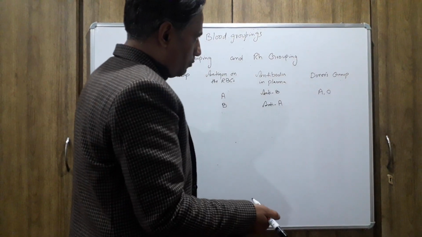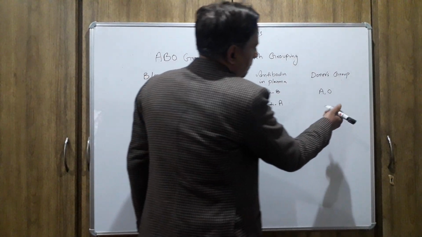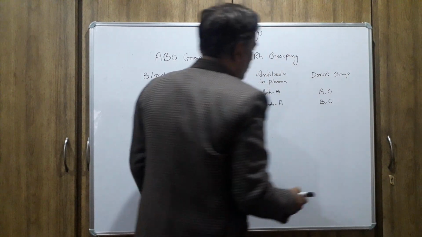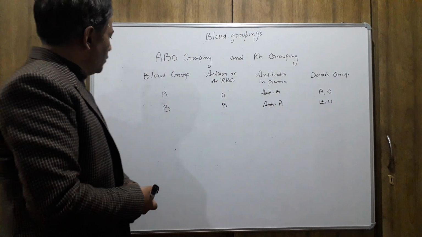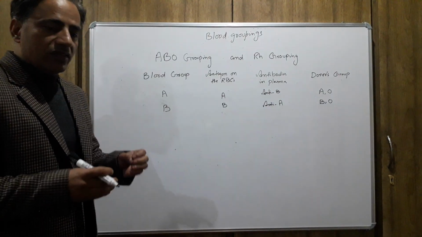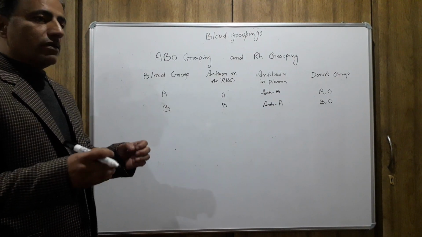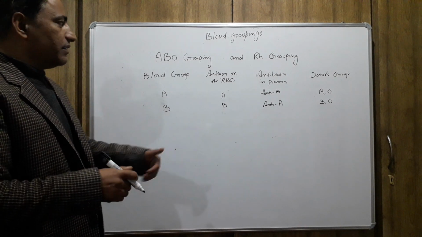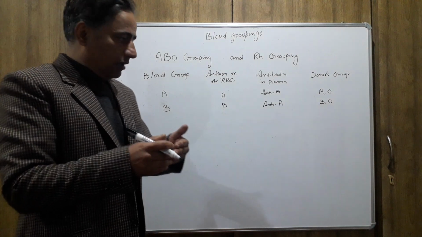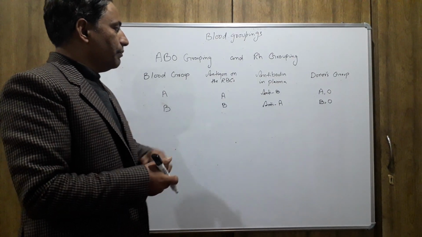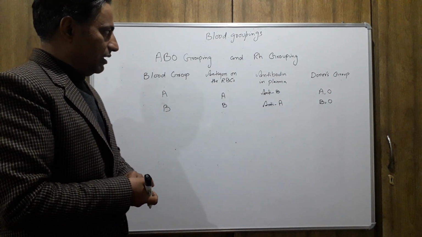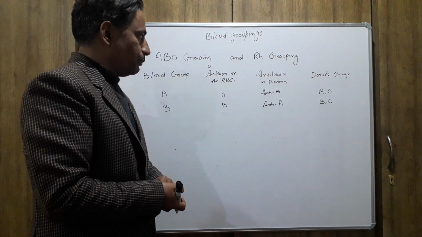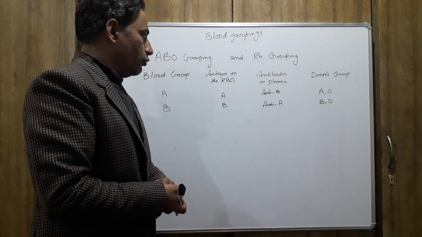And the donor's group should be the blood group B or O. So if a person has a B blood group, it means the person's RBCs have antigen B on their surfaces, and the same person's plasma would contain the anti-A as antibodies.